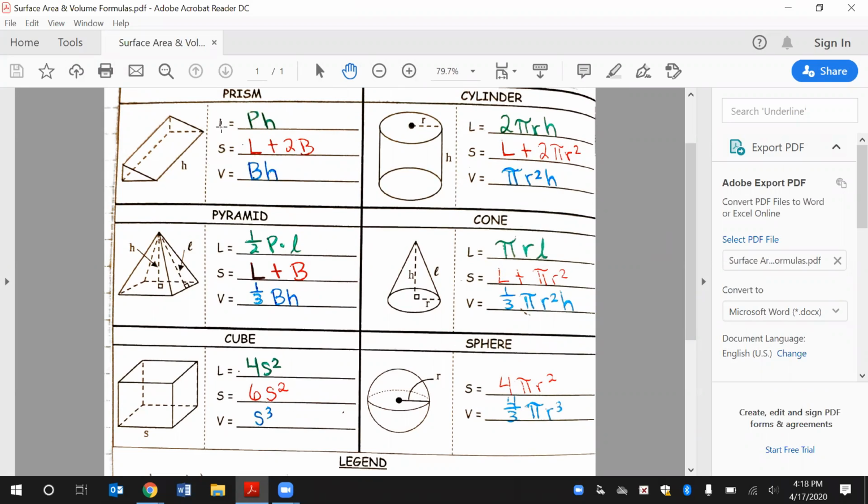Lateral surface area is just the surface area of the lateral sides, not the bases. S is the total surface area, so that's where we're adding the lateral plus the two bases, for example, of a prism, right? Or here's lateral plus the area of the base for a pyramid. So for these next 2 weeks, don't worry about that last formula, that's volume. We're only using the first two.